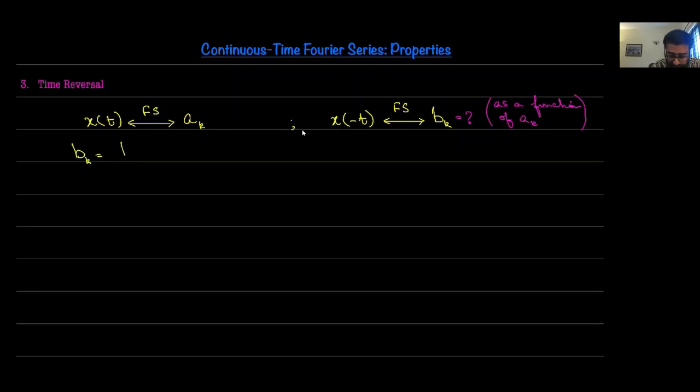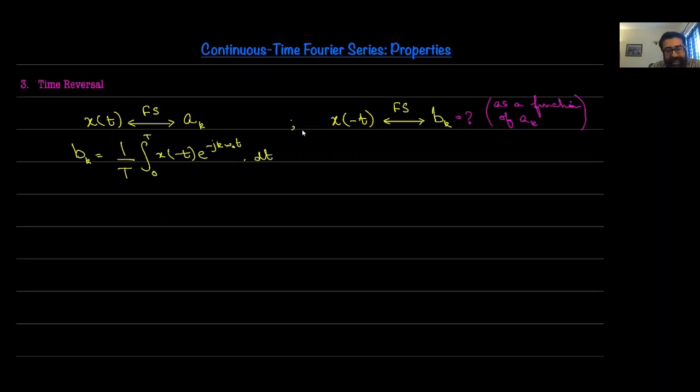However, instead of integrating over one period, let me just take it from 0 to T for ease of analysis and understanding. And this is x of minus t, because that's what I'm trying to find the Fourier series coefficients of, e to the minus j k omega naught t dt.